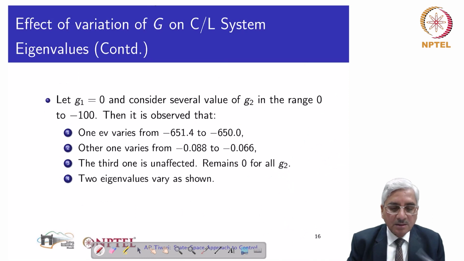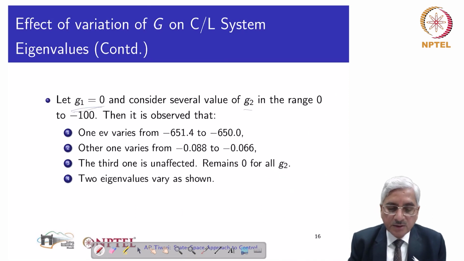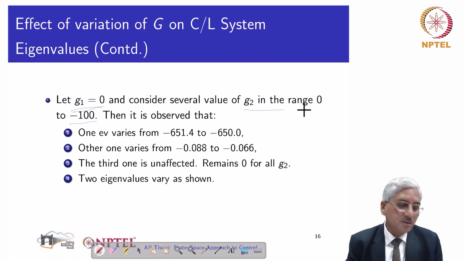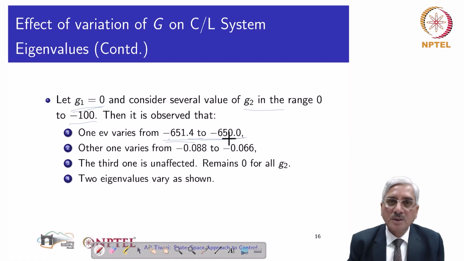Now we see the other way around, G1 equal to 0 and G2 varying, where we consider a large range from 0 to minus 100. Again the largest eigenvalue, which was on the left, is almost invariant and doesn't vary with G2 either.